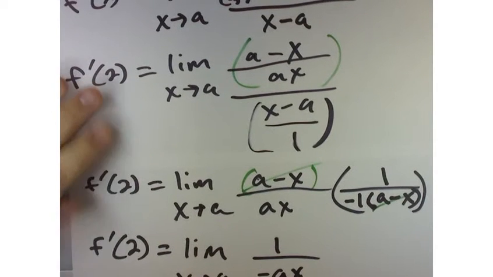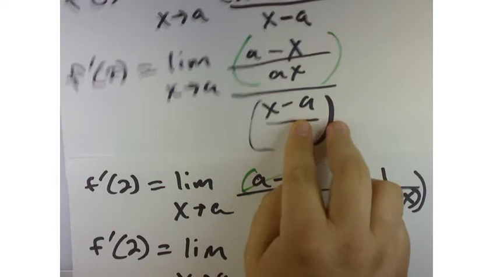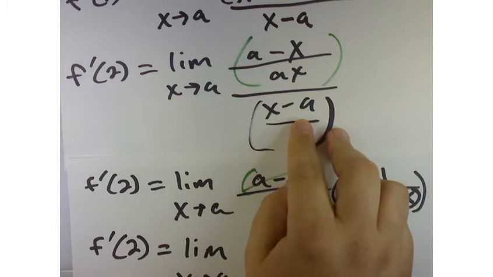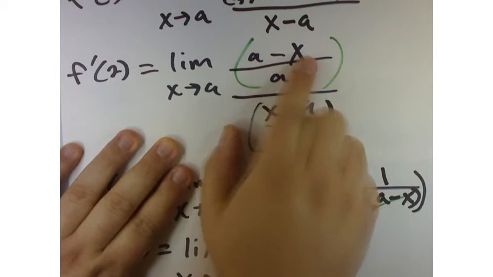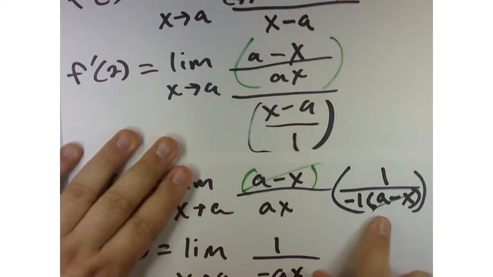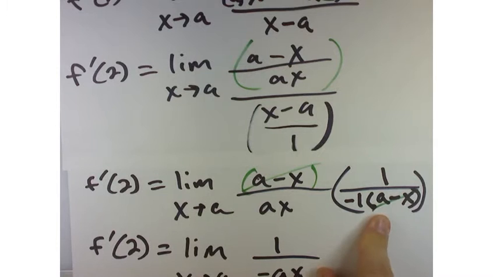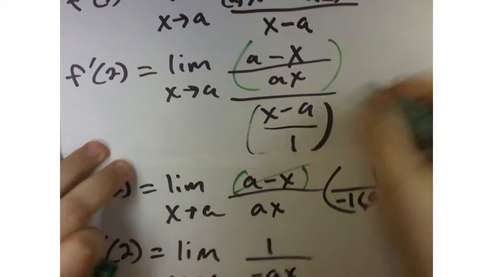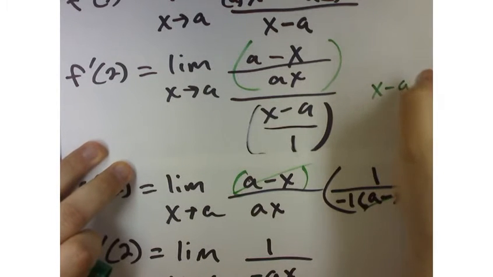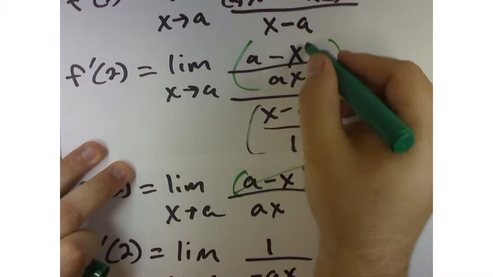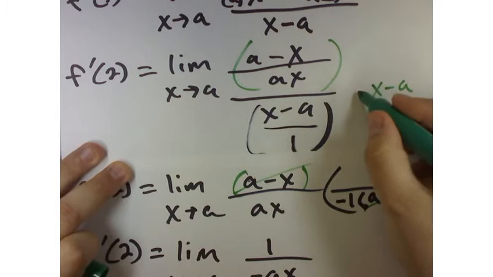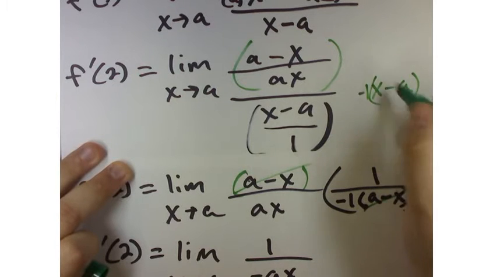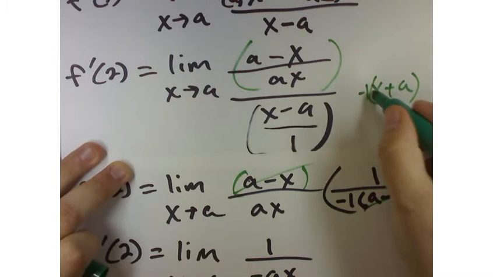Now, these problems are kind of rigged up, but when Mr. Adams saw this, and I knew that I was going to multiply by the reciprocal, I noticed that this is x minus a, and up here is a minus x. So what I did is I factored out a negative 1, because I want to make it look like a minus x. Then this changes to positive and this changes to negative.